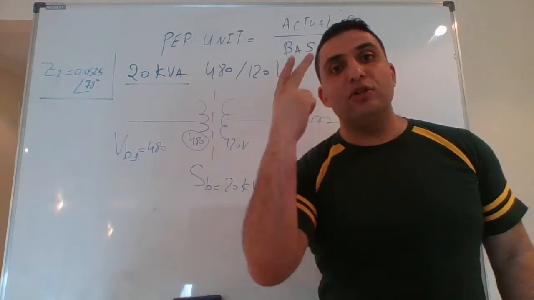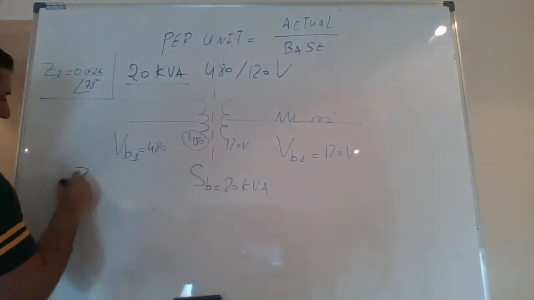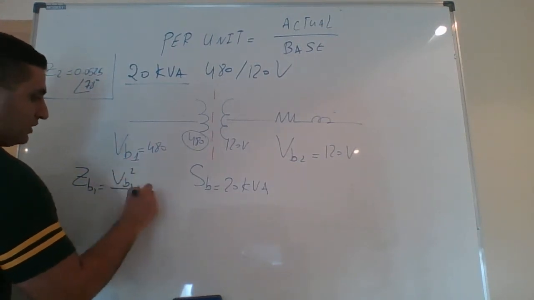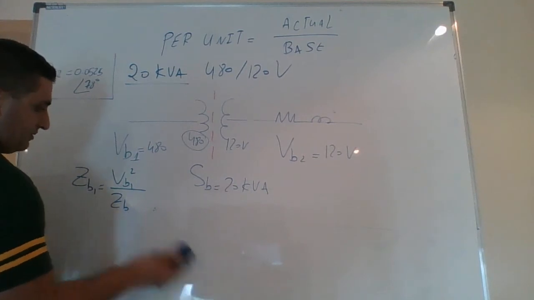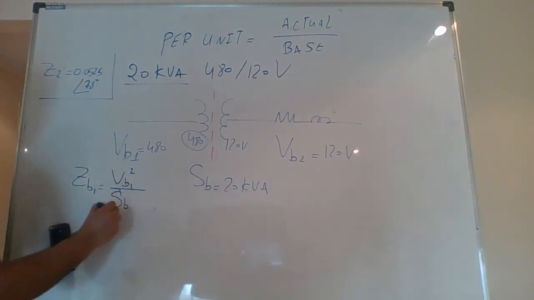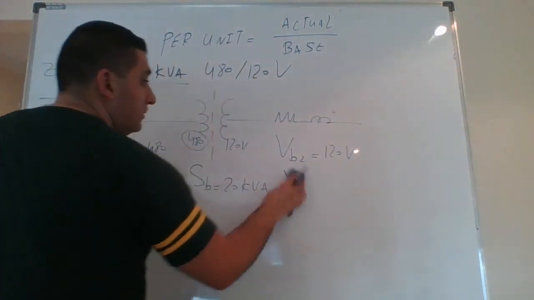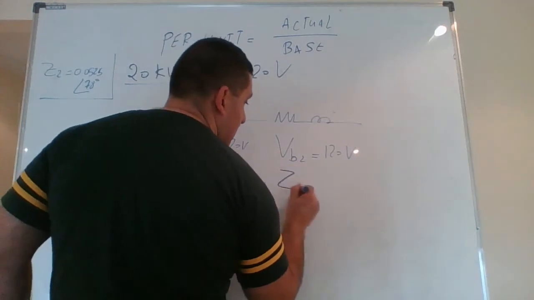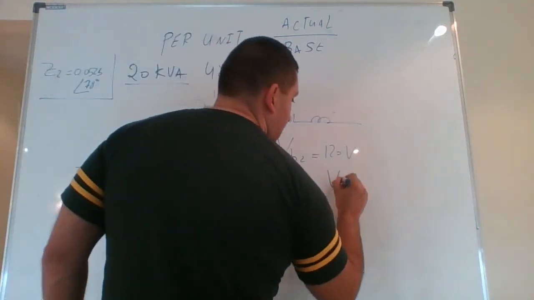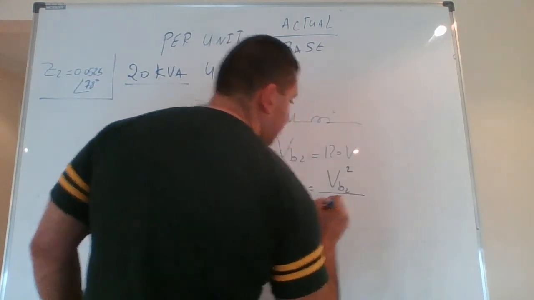This will give me two base impedances. So Z base 1 is equal to V base 1 squared divided by S base, and Z base 2 is equal to V base 2 squared over S base.